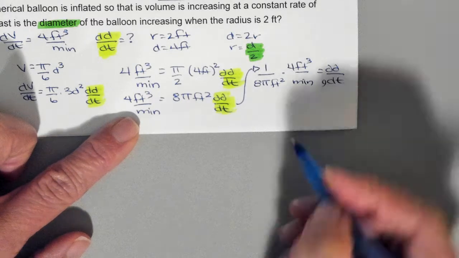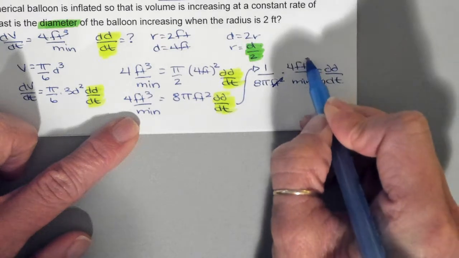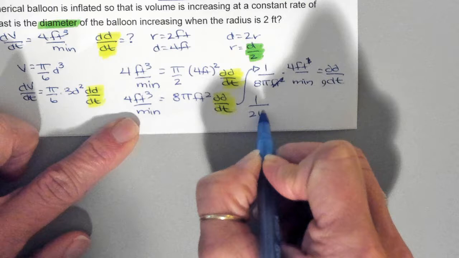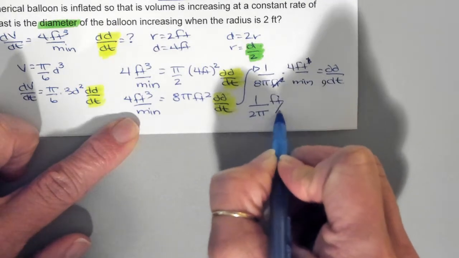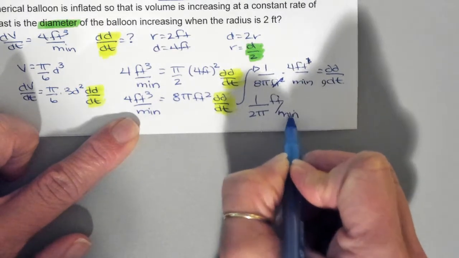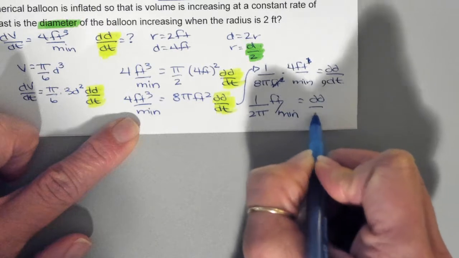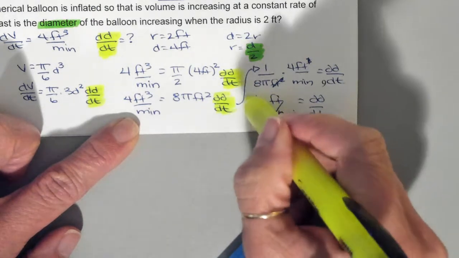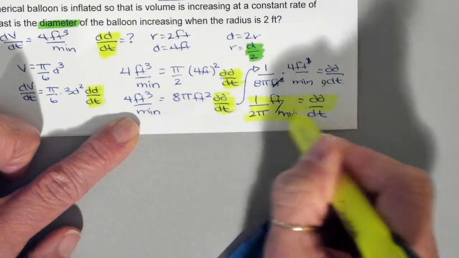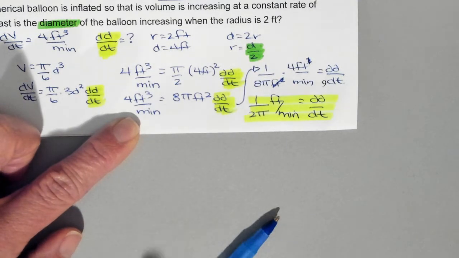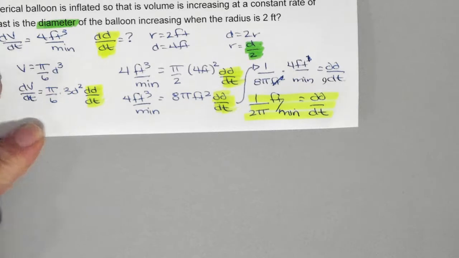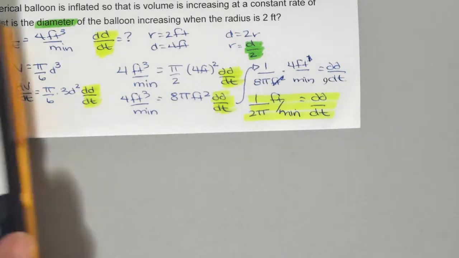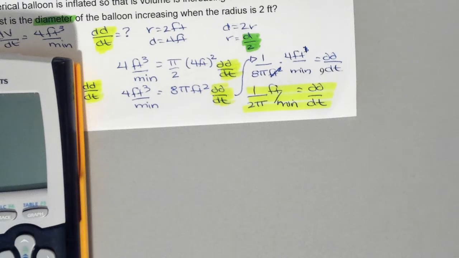Yeah, the feet are going to reduce. So this goes, and I'm left with one of these here. So what that leaves me with is 1 over 2 pi feet per minute is equal to dd/dt. Okay, questions? You guys okay?